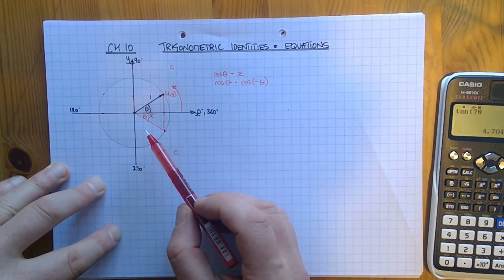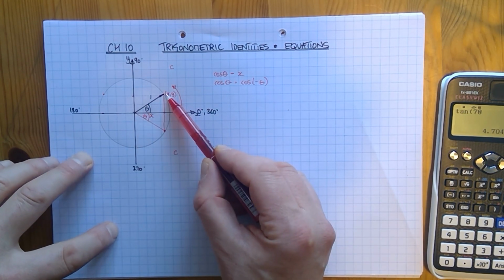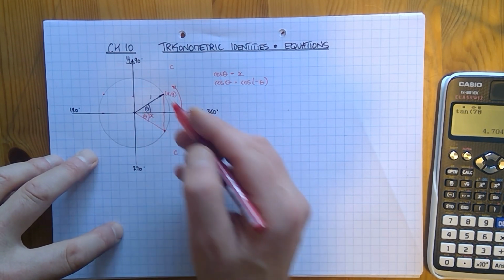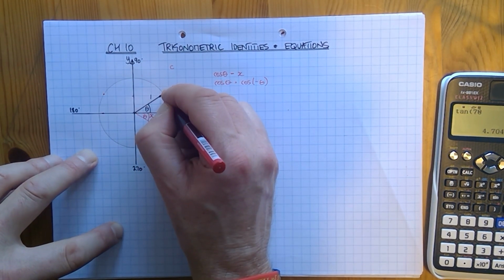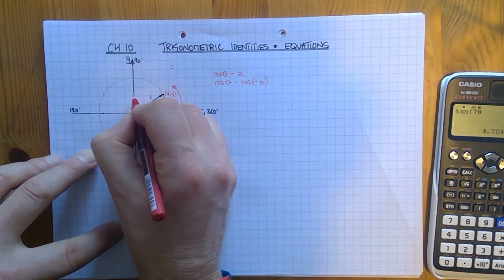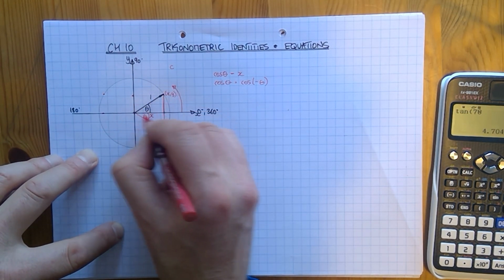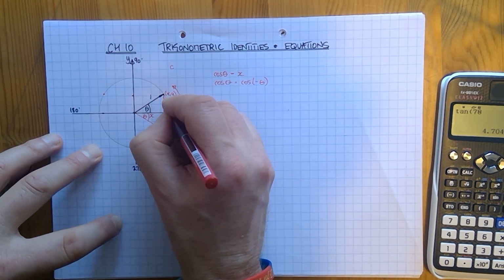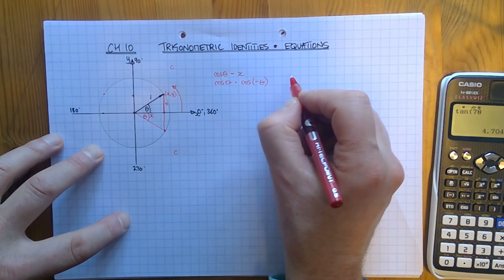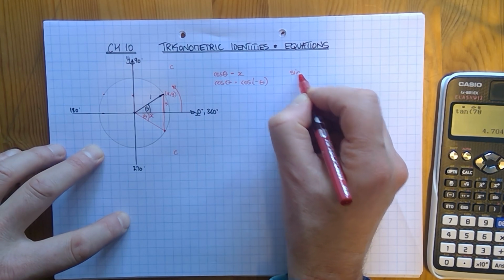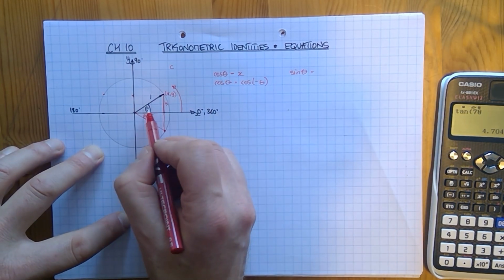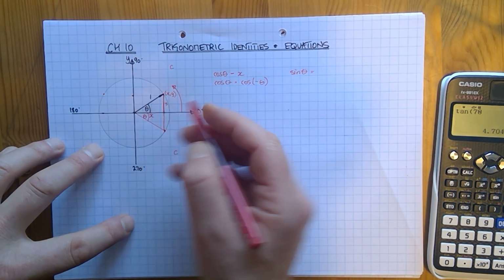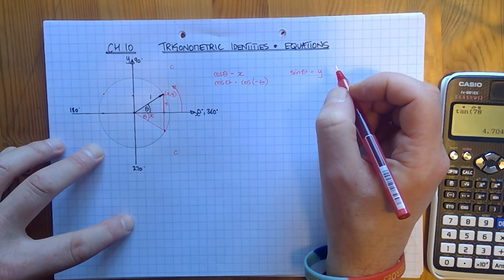Right, now let's deal with sine. Let's take the same angle here, theta. This length here is the y coordinate, and in terms of our triangle again, this is the opposite. So I can see that the sine of theta, opposite over hypotenuse, where the hypotenuse is just 1 in this case, is just y.